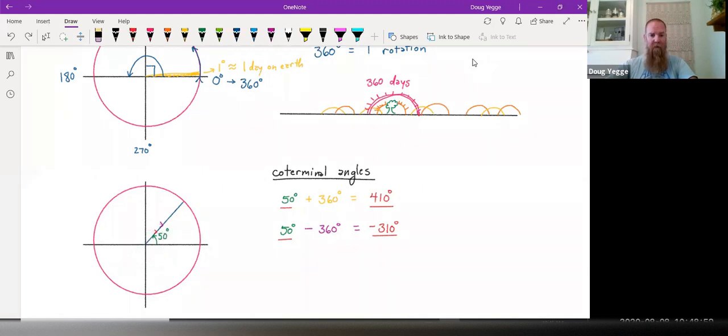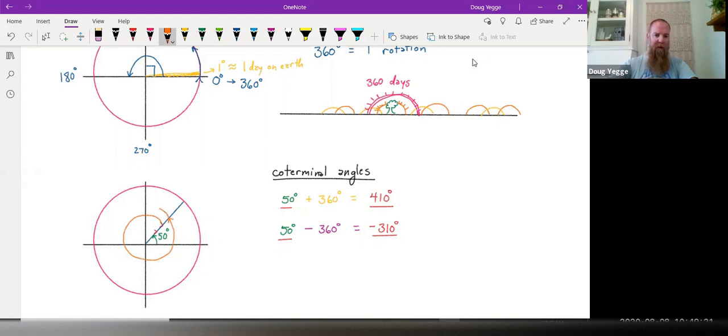If we were to take more rotations, then we could come up with another coterminal angle. Let's say that we started at 50 degrees and we rotated around one rotation to get to 410.